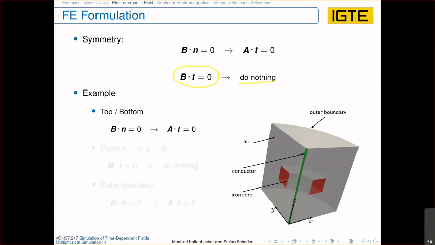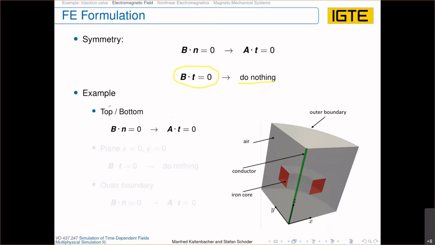So we have here the top and the bottom as surfaces where we have to define the correct boundary condition. We have here the surface where x is equal to 0, here the surface where y is equal to 0, and then we have the surface in circumferential direction, so the outer boundary.